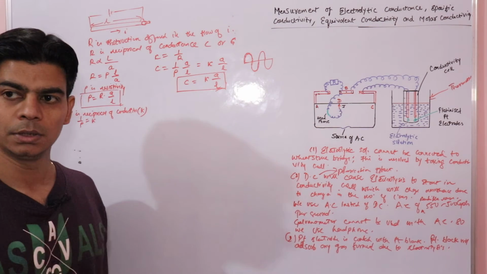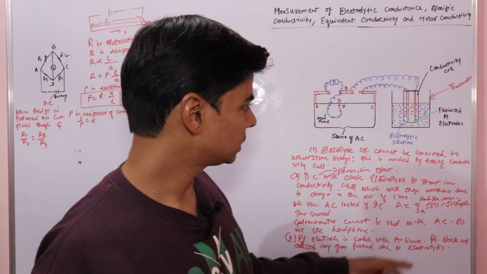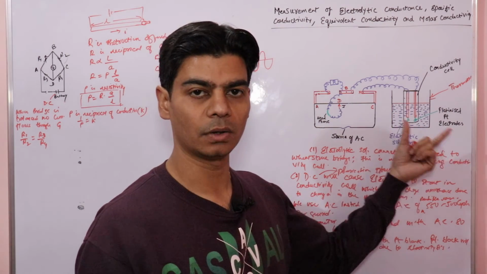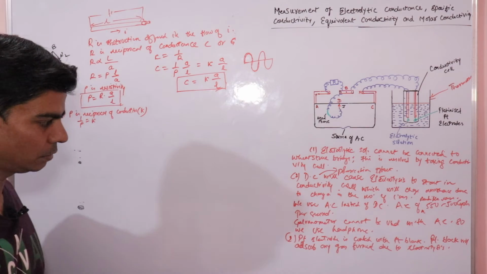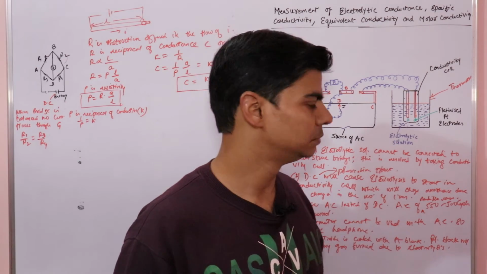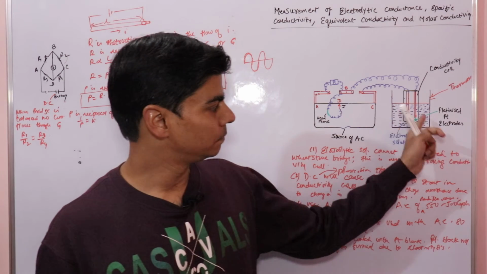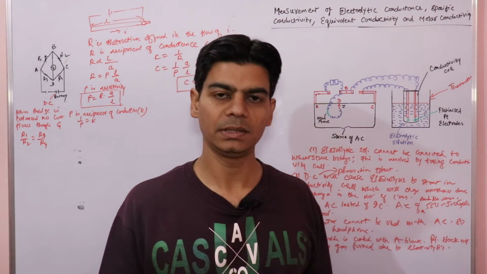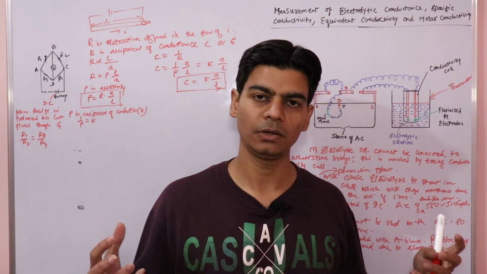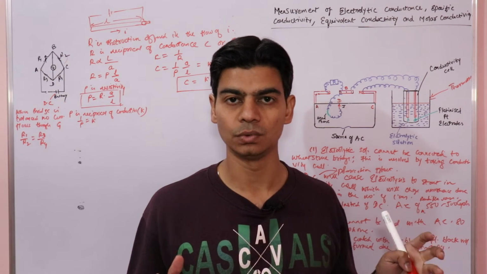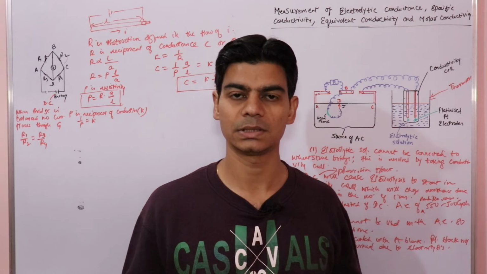This is simple. And there is one more use of platinum electrodes coated with platinum black: it increases the sensitivity of the headphone. That means the minimum sound that is used to determine the null point would be sensitized, right?